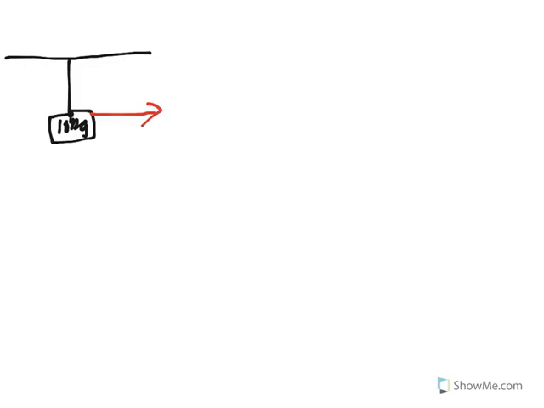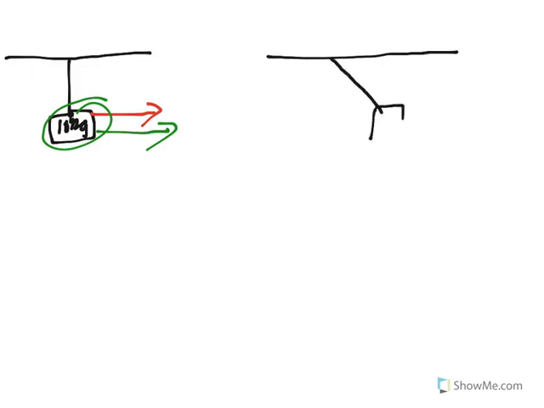So we're going to think about what's actually going to happen when we apply that force and pull it that way. Well, this thing's going to move that way, and eventually our mass is going to be off at a bit of an angle like so. We've pulled it to the side there with 150 Newton.